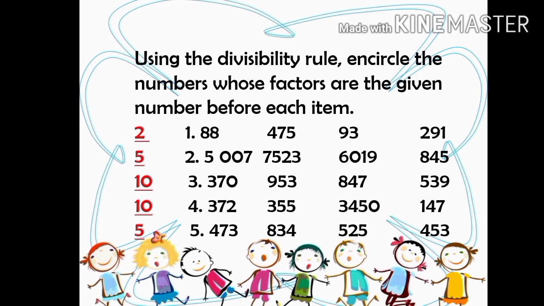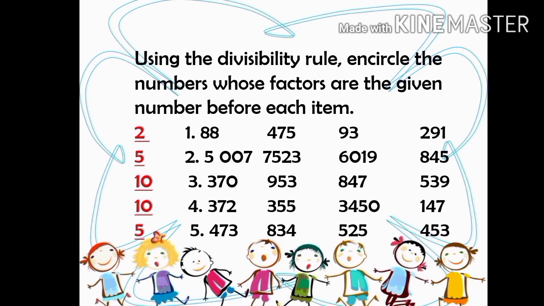For number 1, we have 88, 475, 93, and 291, which among them is divisible by 2. Number 2, we have 5,007, 7,523, 6,019, 845, which among them is divisible by 5.